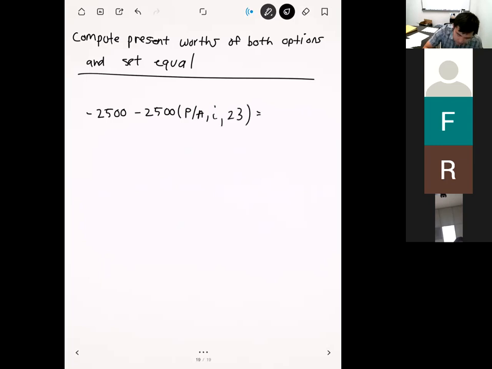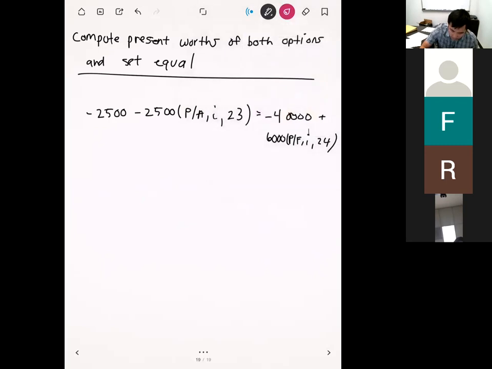This is going to be equal to minus 40,000 plus 6,000 P over F, i, and then 24. Okay. And so all I did was take our two columns of cash flows, convert them to a present sum, and then set them equal to each other.